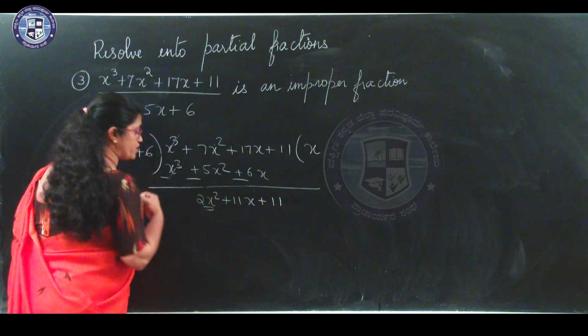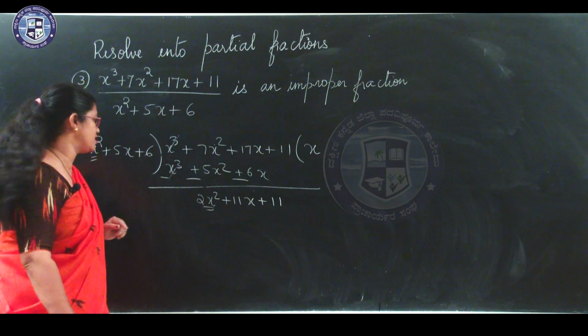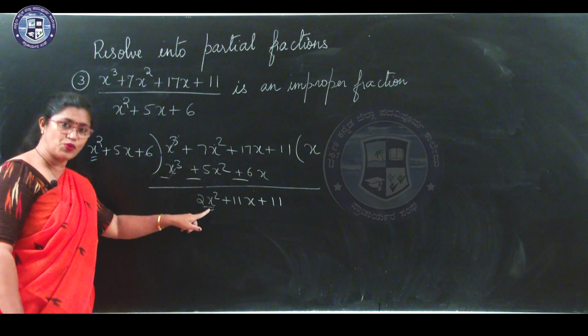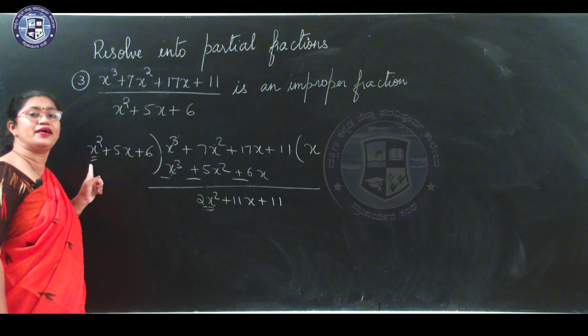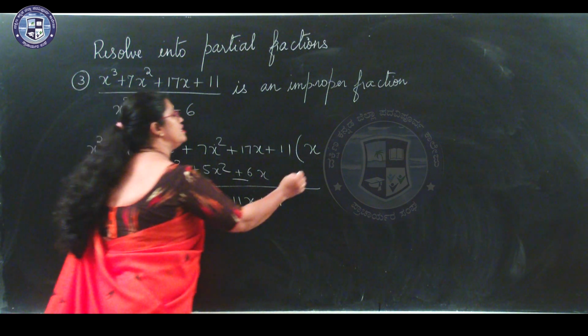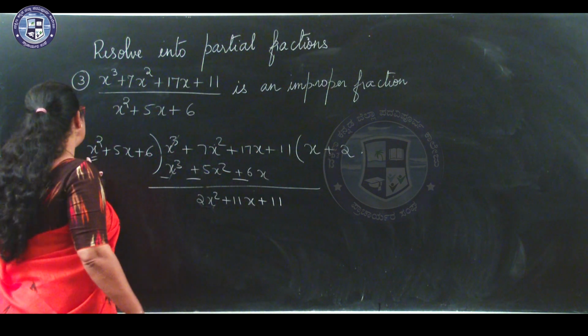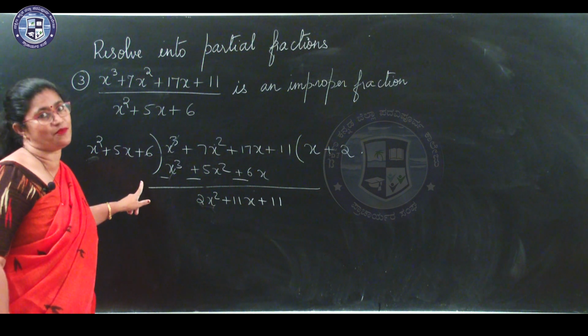First term of the numerator divided by the first term of the denominator. So, now what am I dividing? 2x² divided by x², yes, it's equal to 2. So, now what should I do? Multiply all the terms here by 2.